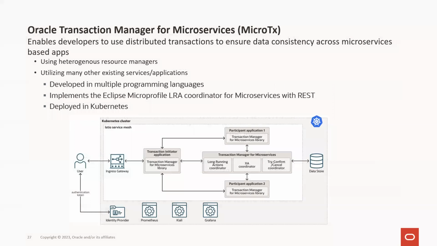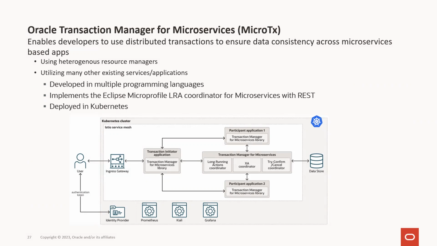So we do have a product called Oracle Transaction Manager for Microservices, also known as MicroTx. This is freely available standalone by itself, and also as part of the Oracle Backend for Spring Boot. It runs in Kubernetes in a container alongside your microservices, and it provides support for the 3 dominant methods that are in use today in the industry.